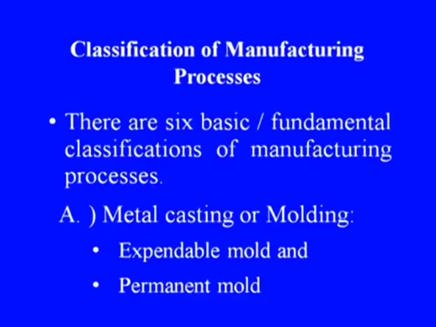There are 6 basic or fundamental classifications of manufacturing processes. The first, metal casting or molding. There are 2 different approaches in this. Number 1, expandable mold, and number 2, permanent mold.